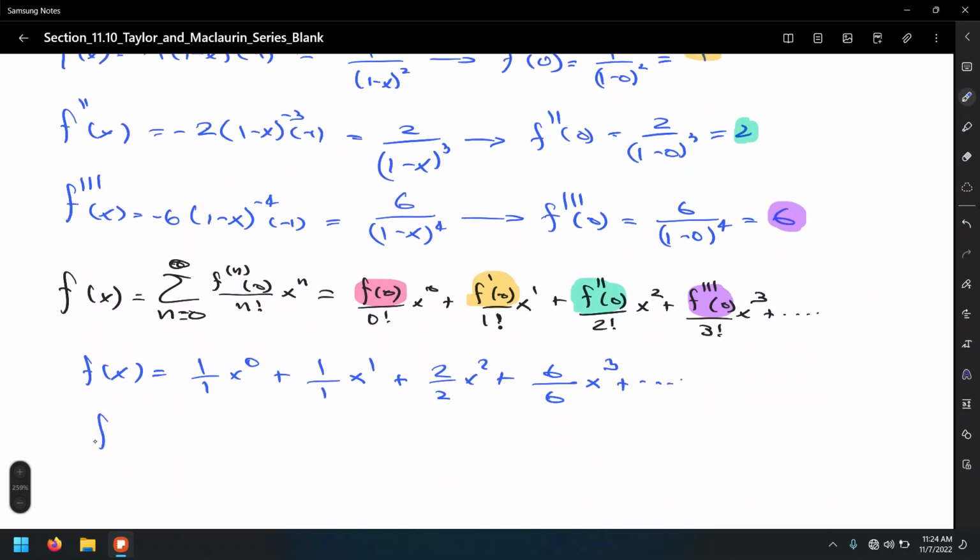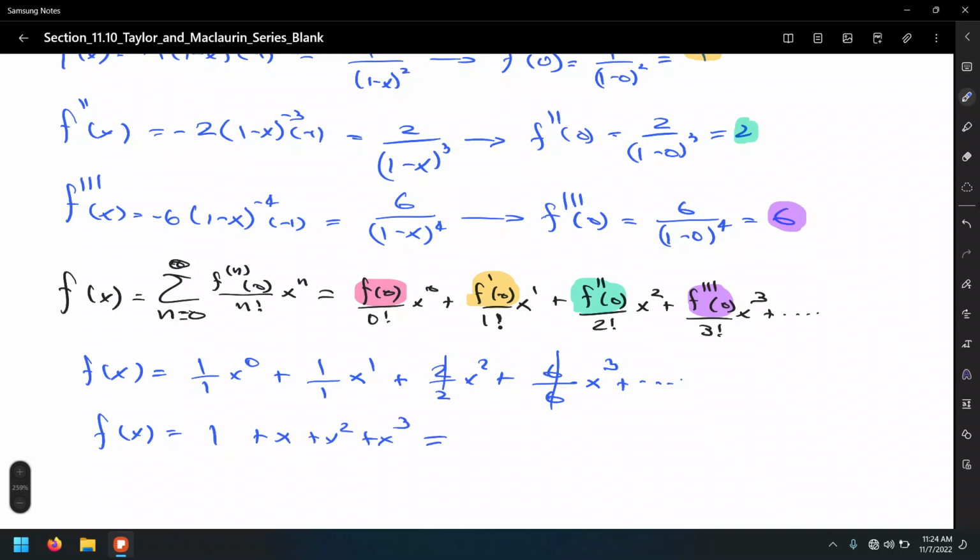And simplifying this polynomial, that's 1 times x to the 0, which is 1, plus x, and the 2's cancel, the 6's cancel, plus x squared plus x cubed.